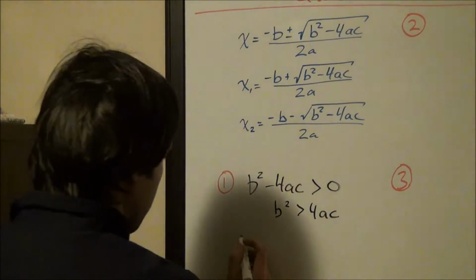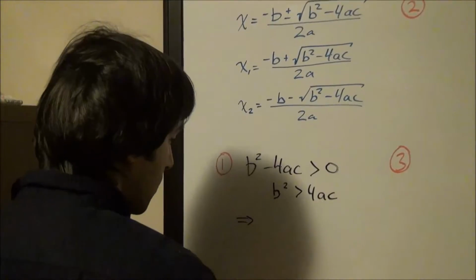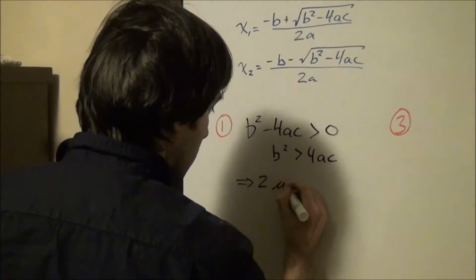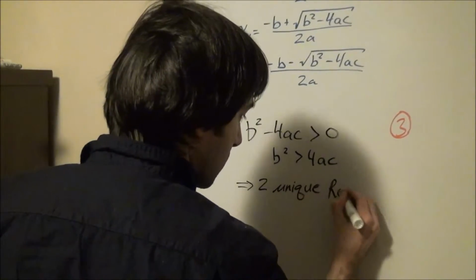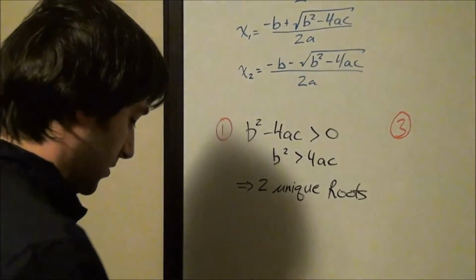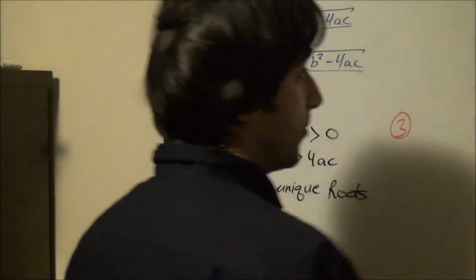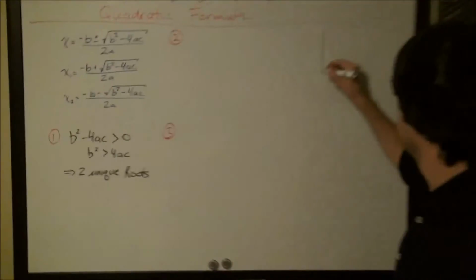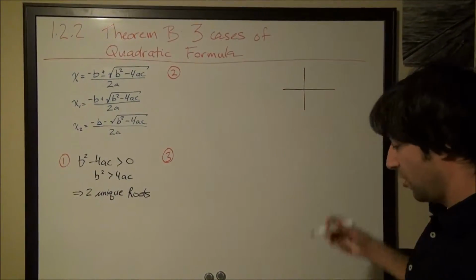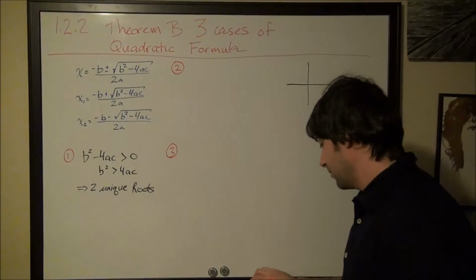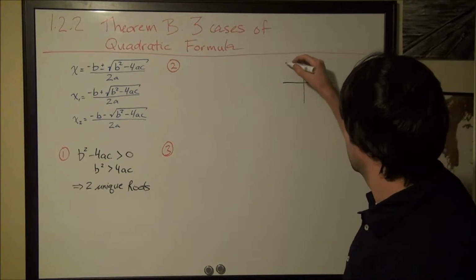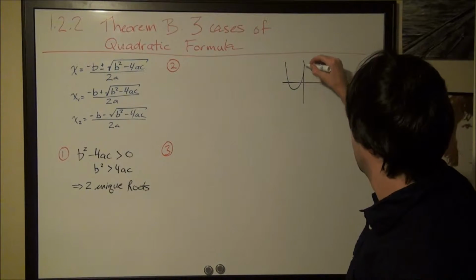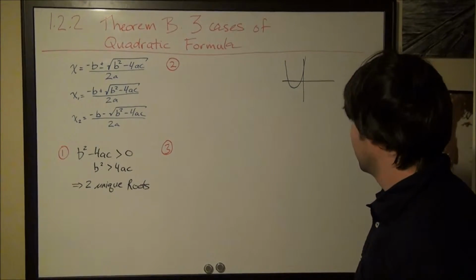So this in general will give you two unique roots, or x-intercepts. Let's draw a picture of what that looks like. What that means is that your parabola has to cross the x-axis twice. Like that.